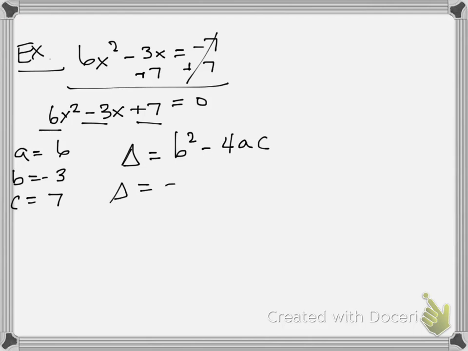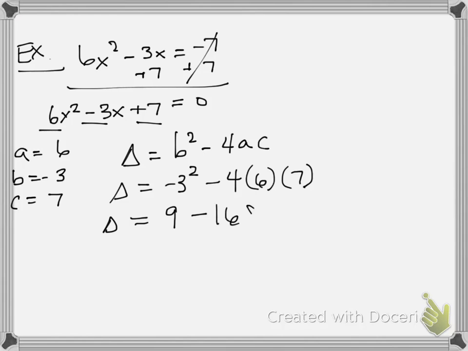So b is negative 3 squared minus 4 times a, which is 6, times c, which is 7. Negative 3 squared is 9, minus 4 times 6 is 24, 24 times 7 is 168, so I have minus 168. So I have 9 minus 168, so my discriminant is equal to negative 159.